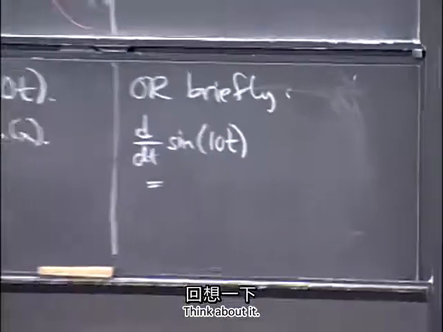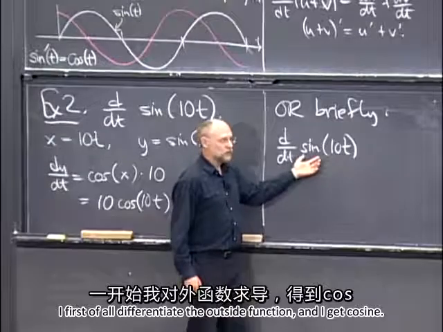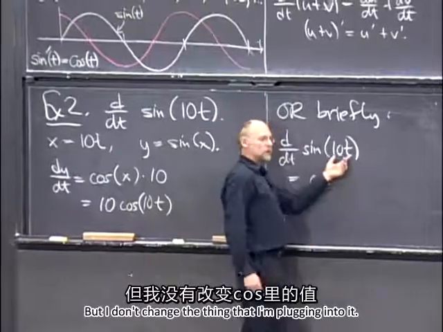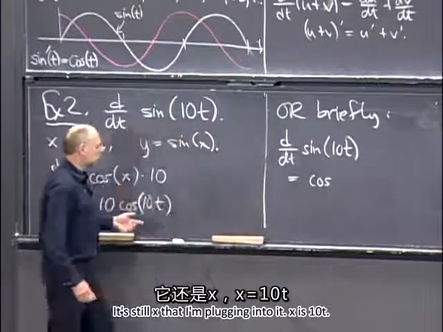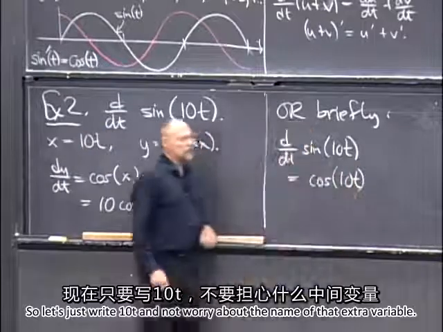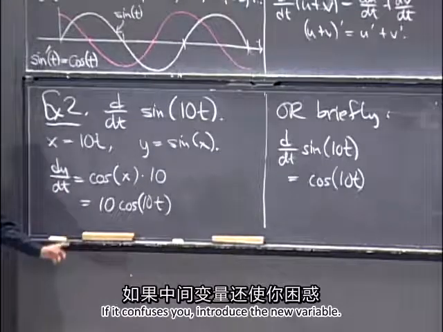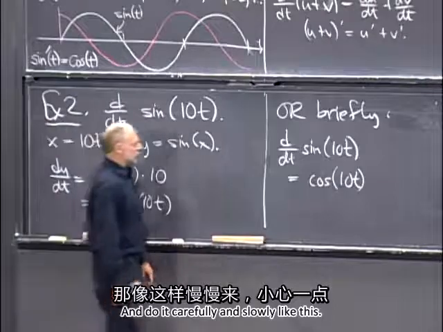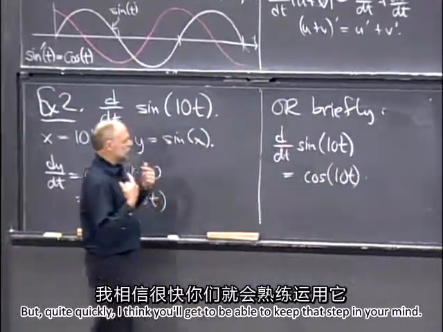I first of all differentiate the outside function, and I get cosine, but I don't change the thing that I'm plugging into it. It's still x that I'm plugging into it. x is 10t. So let's just write 10t and not worry about the name of that extra variable. If it confuses you, introduce the new variable and do it carefully and slowly like this. But quite quickly, I think you'll get to be able to keep that step in your mind.